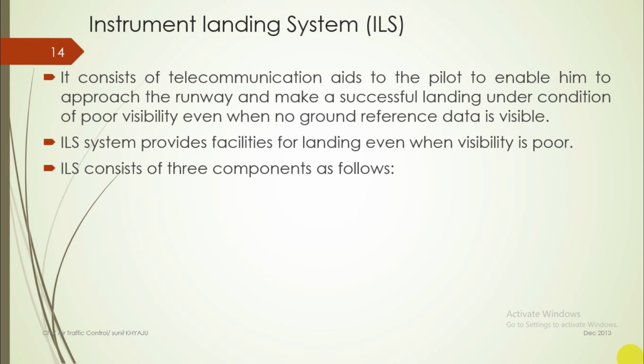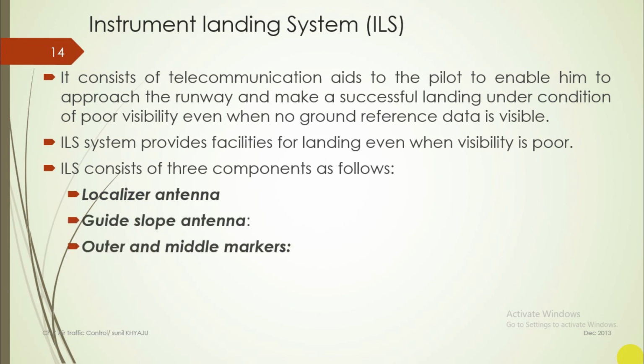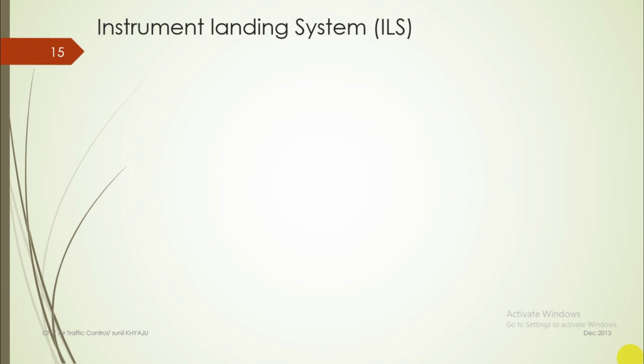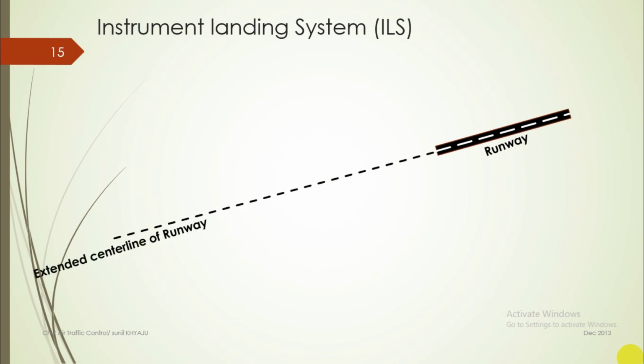ILS consists of three components as follows: the localizer antenna, the glide slope antenna, and markers, which may be outer, middle, and inner markers. The components are shown in the figure. This is the runway, showing the center line of the runway, and this is the extended center line of the runway.